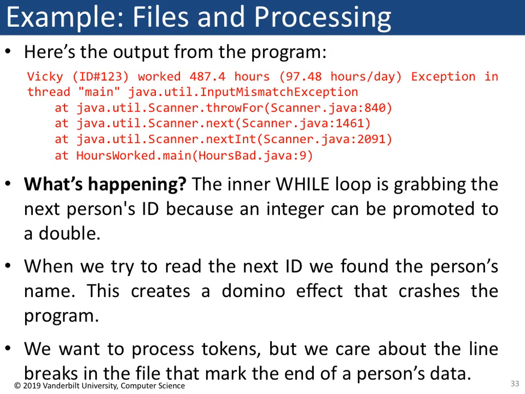So ultimately what's going to happen is we're going to read in the next person's employee ID as a double, and then the next item in the file is not a double, it's a string, and so our interior while loop is going to exit, and we're going to check to see if there are more tokens.